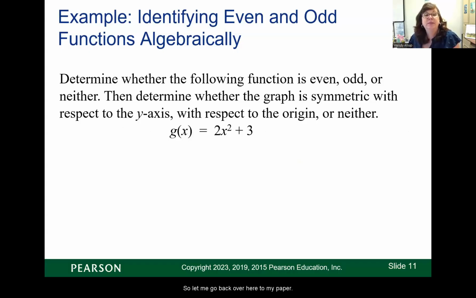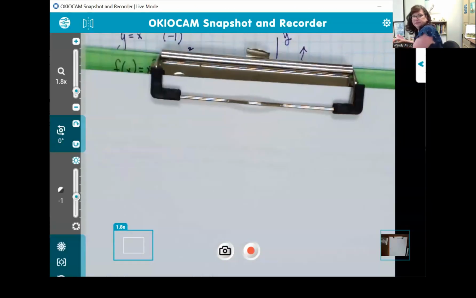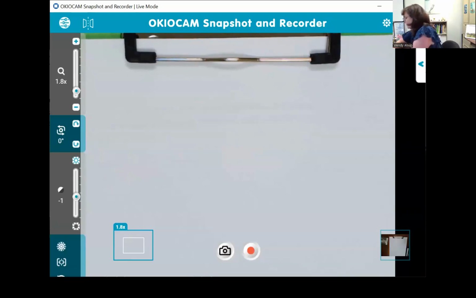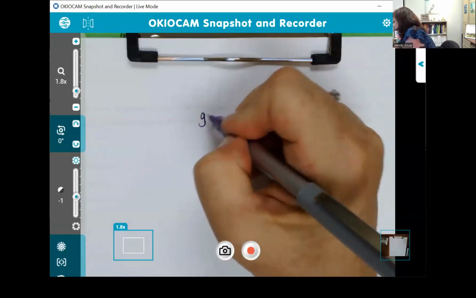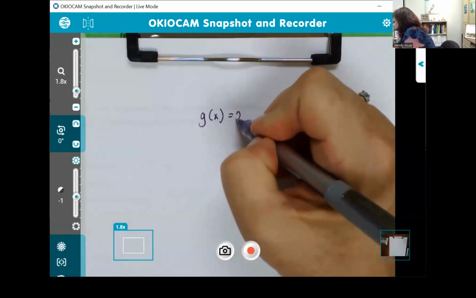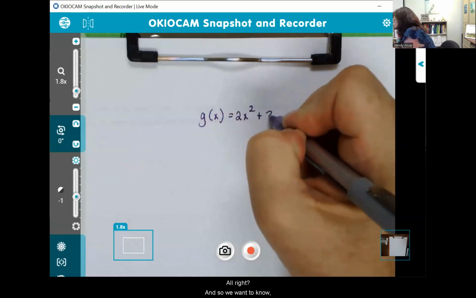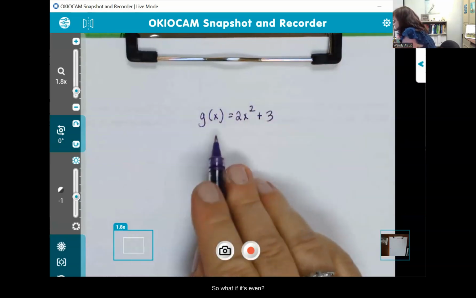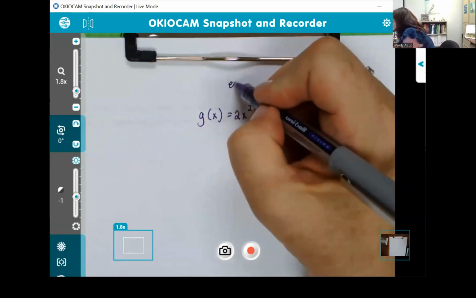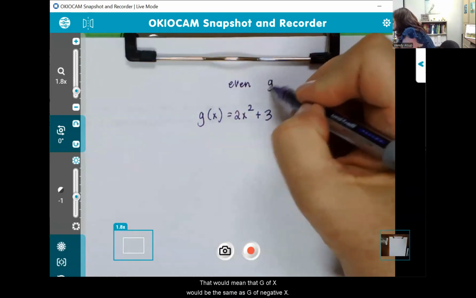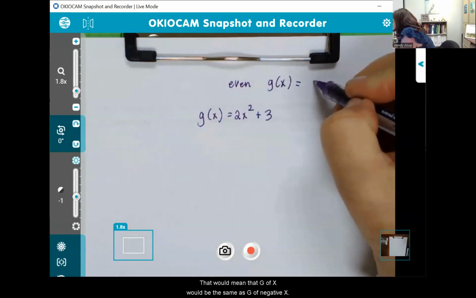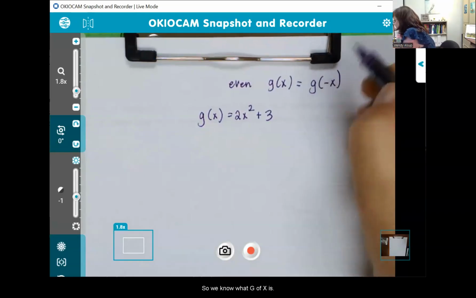Let me go back over here to my paper. We want to know, is it even or odd? If it's even, that would mean that g of x would be the same as g of negative x. We know what g of x is.